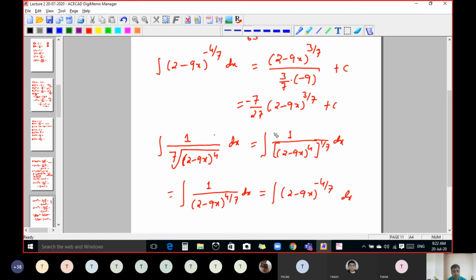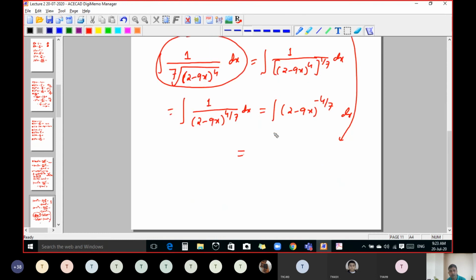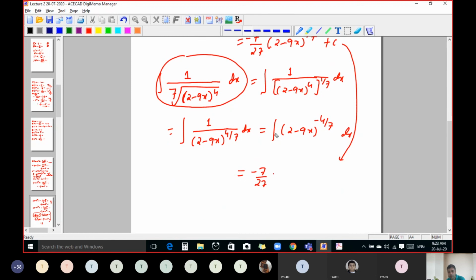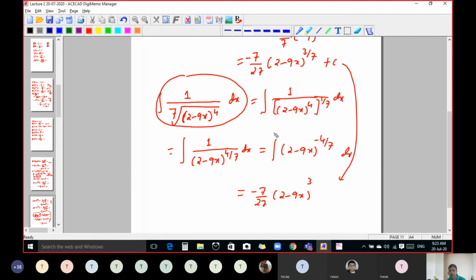So the same question, if it is written like this, looks more complicated, but ultimately it's the same, and we get the same answer: minus 7 by 27 into (2 minus 9x) whole raised to 3 by 7 plus c.